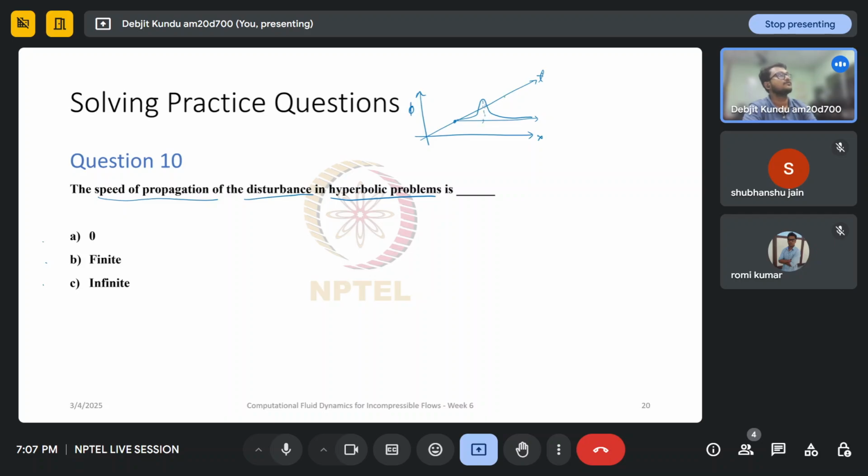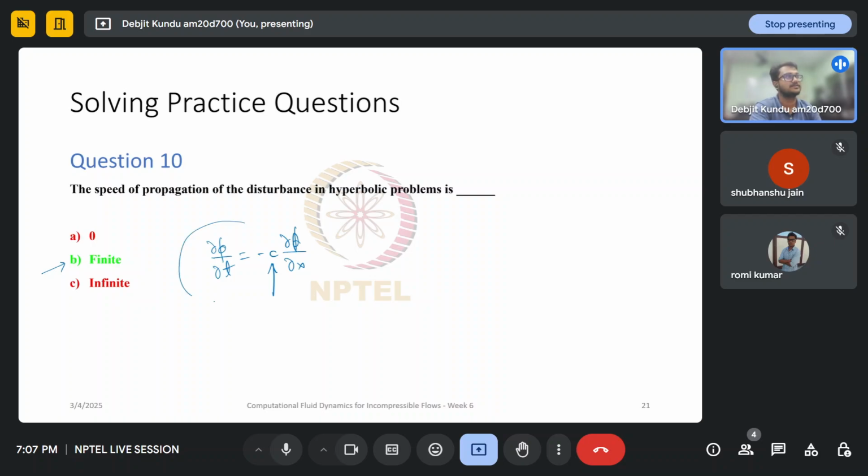As we move forward in time, this will move, so there is a C in this direction. This disturbance will also move, and the speed of that movement is finite. It's basically C. So C is a finite number. It's not infinite. If it was infinite, then this equation won't have any solution, right?